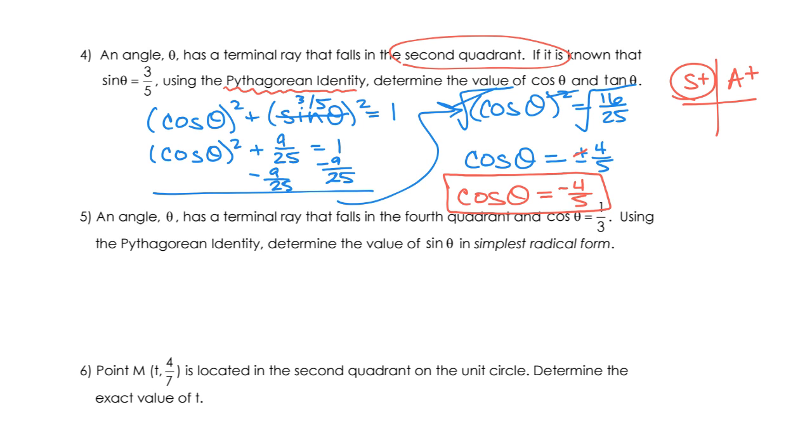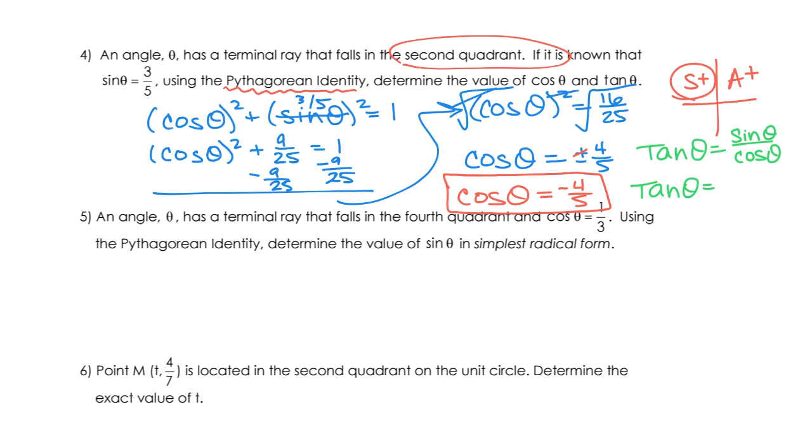They also want us to find tangent theta. So we'll go ahead and say tangent theta equals, and in order to do tangent theta, since tangent doesn't make it into the Pythagorean identity, we have to remember that tangent theta is equal to sine theta divided by cosine theta.